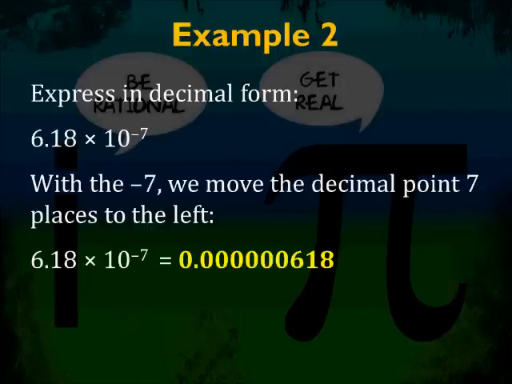You will notice that if you write the decimal point in there, there will be 7 spaces, 1, 2, 3, 4, 5, 6, 7, between the 6 and where the actual decimal point is. When the exponent is negative, it's going to be a decimal of some sort. Remember, negative exponent does not mean a negative number, it just means reciprocal.